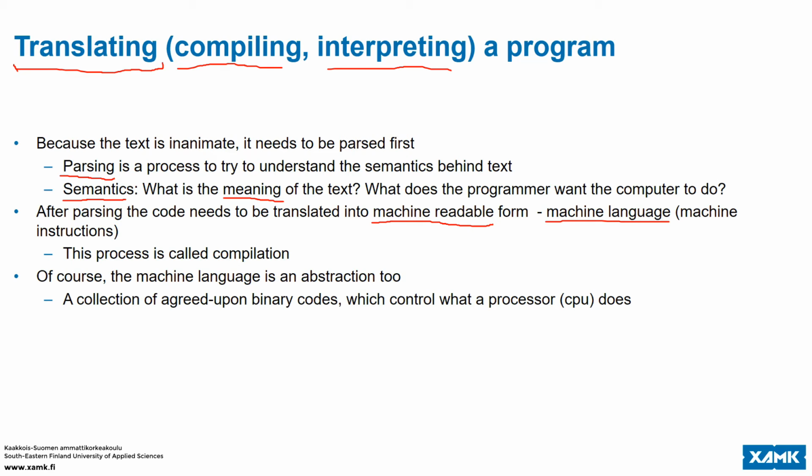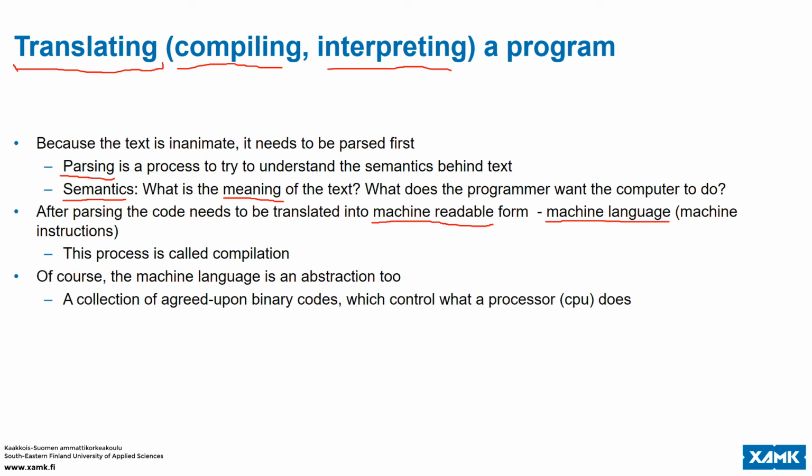Machine language is also, in a way, high-level code as well, because machine languages, those binary instructions, are a collection of agreed upon binary codes which control what a CPU does. But depending on what CPU you are using, these codes are different.